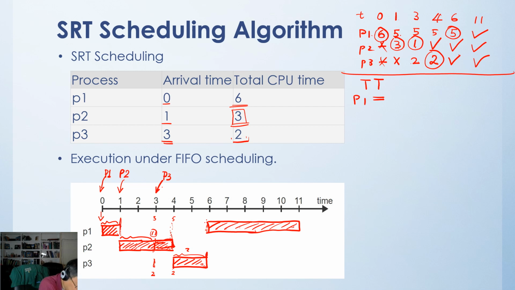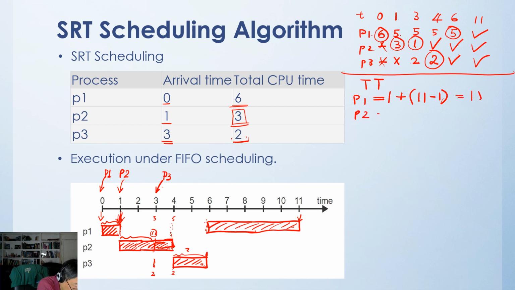So for the first block, the turnaround time is 1. Now the second part, it was kicked out at 1 and eventually finished at 11. So for the second one, the turnaround time is 11 minus 1, the time 1 it was removed from the CPU. So it's 10.